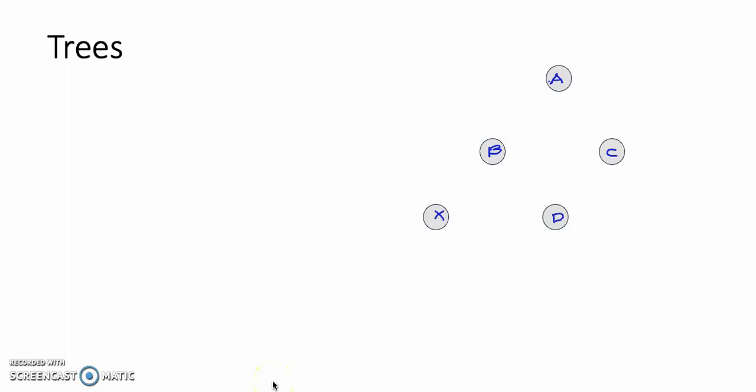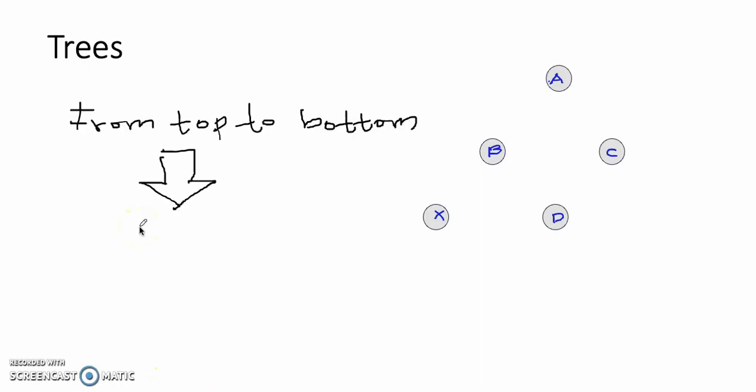There is a family of graphs that are called trees, and they have a sense of direction. In other words, we would travel through the vertices starting at the top and moving down, right? Here for the vertices I'm using uppercase letters instead of positive integers.